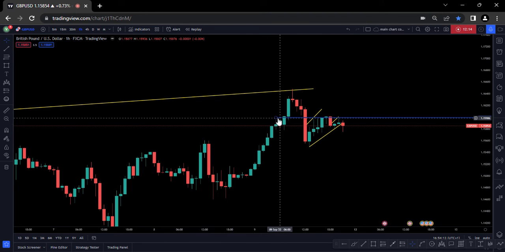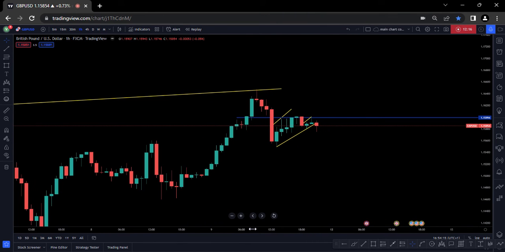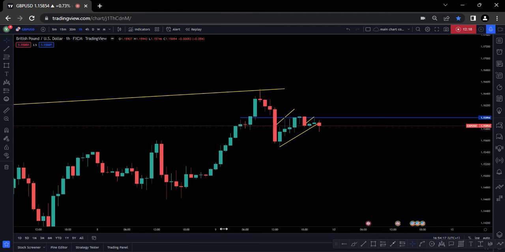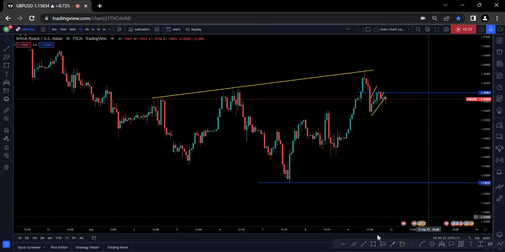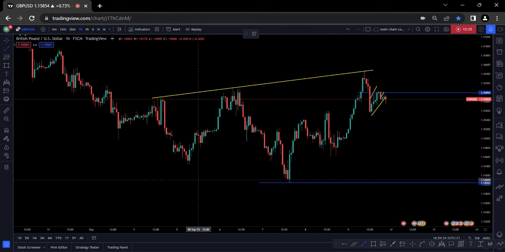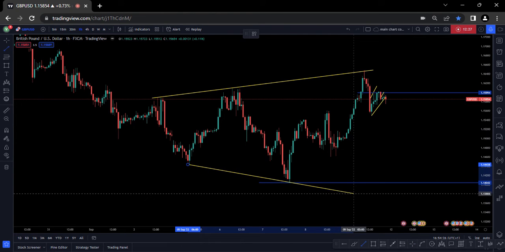Okay, so here is what we're seeing after the long impulse here. Its pattern is just something like an expanding type formation.